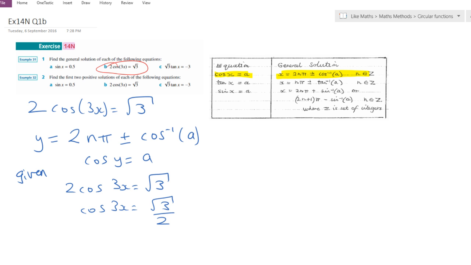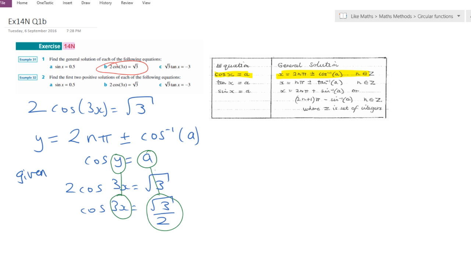Now this is where the penny dropped, for me at least, in that in this case the y there is equal to that, and the a that's there is equal to that. Once I got that step, it all seemed to make a bit more sense.